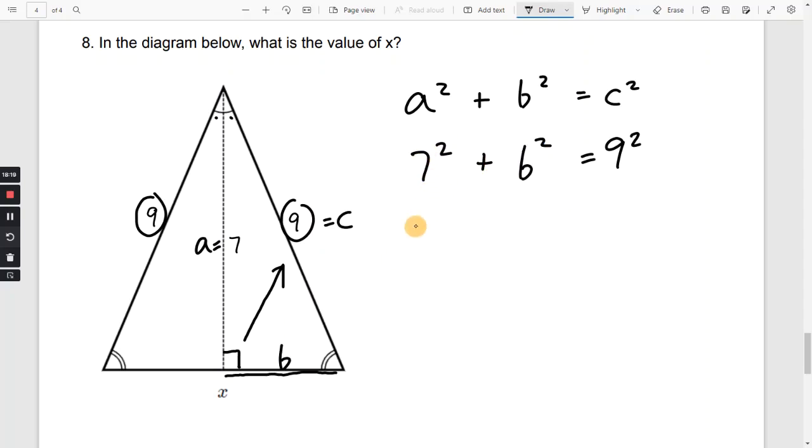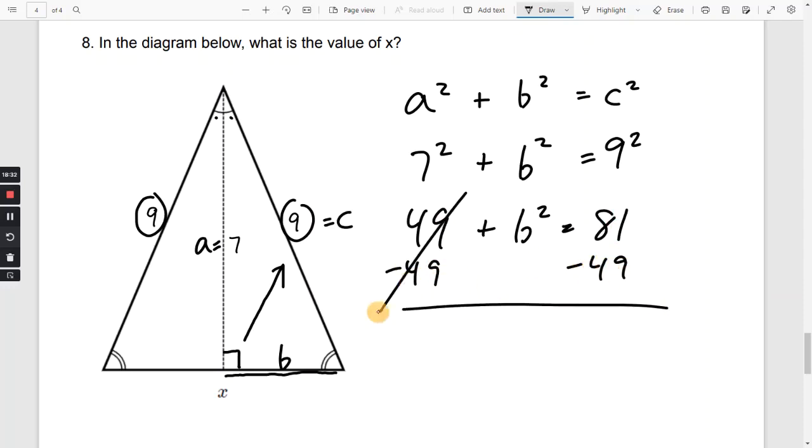Okay, 7 times 7 is 49. 9 times 9 is 81. Subtract 49 from both. Bring down your B squared. 11 minus 9 is 2. 7 minus 4 is 3. So taking the square root of both sides, B is just going to be radical 32.